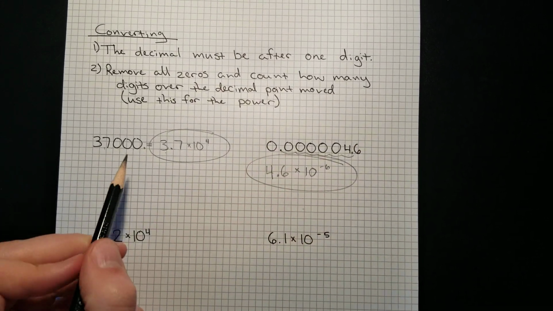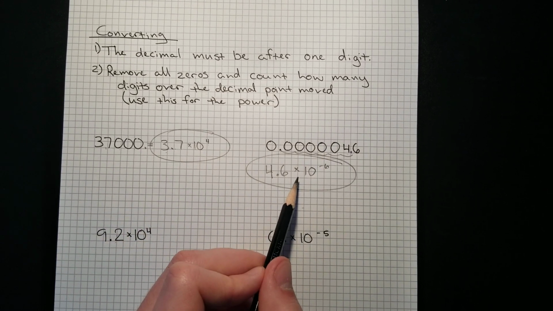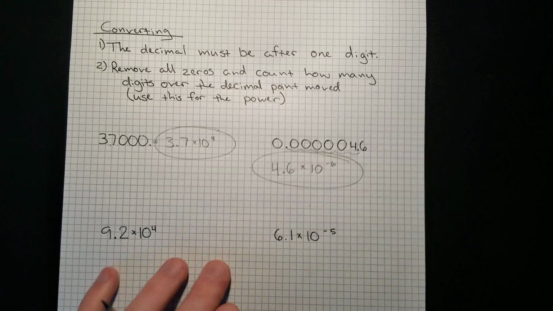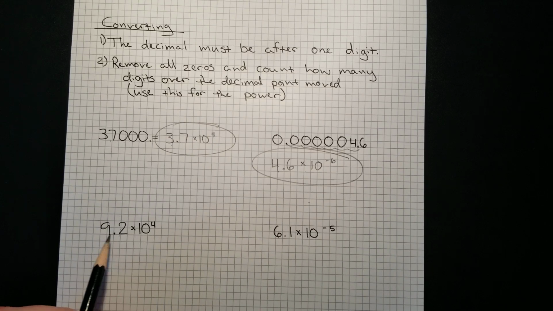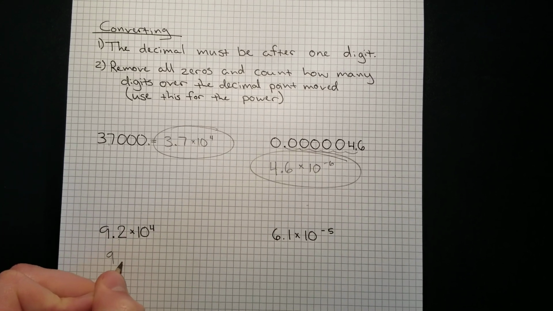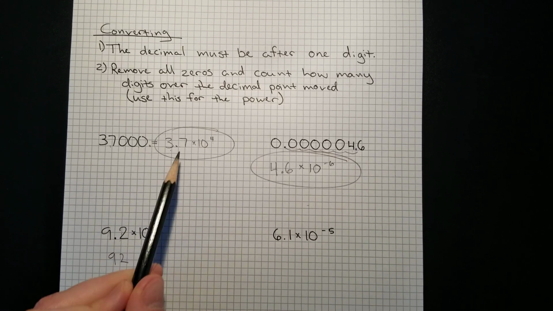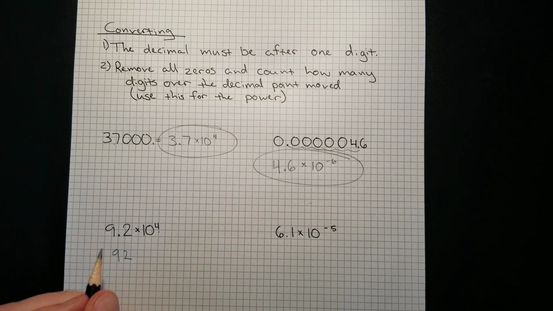That is how you convert from a whole number, or in this case a decimal, into scientific notation. We're going to do that backwards now. So in this kind of example, we have 9.2. Instead of counting how many times I have to move the decimal, I'm being told how many times I need to move it.